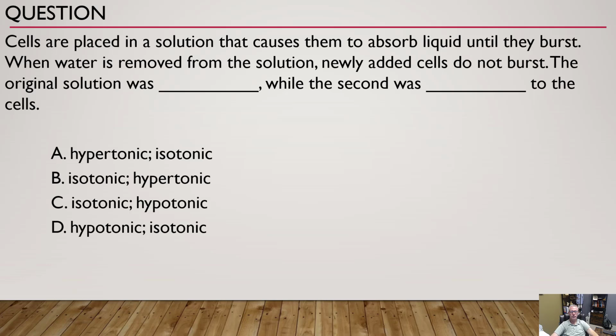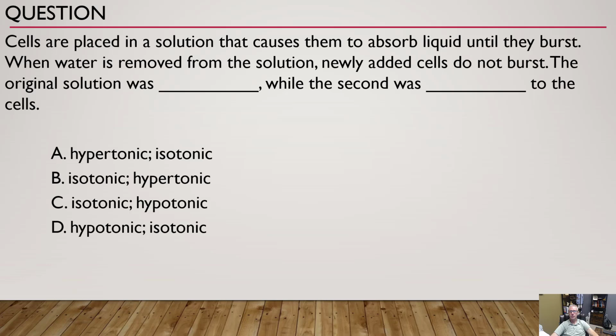All right, so cells are placed in a solution that causes them to absorb liquids until they burst. When water is removed from solution, newly added cells do not burst. The original solution was blank, while the second solution was blank.